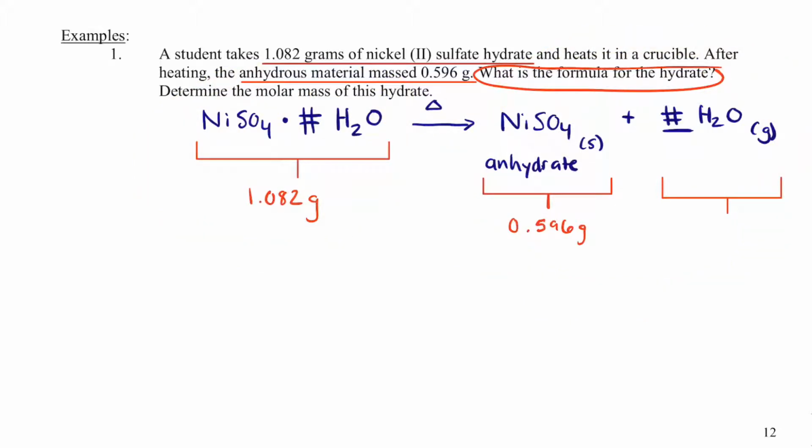What I know is that the water will be 1.082 grams minus the 0.596 grams of the anhydrate. When I do that math, I get 0.486 grams. I'm going to highlight the numbers that are really important moving forward.